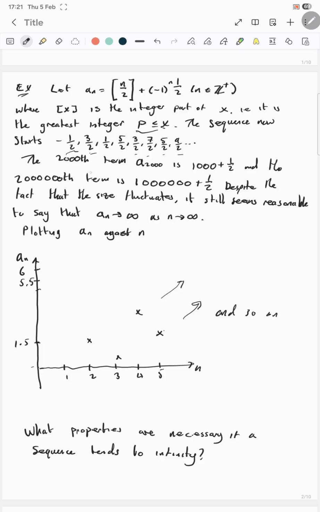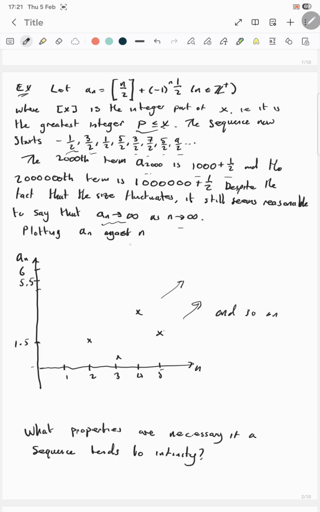Now the 2000th term, a_2000, is 1000 plus 1/2, and the 200,000th term is 100,000 plus 1/2. I meant plus 1/2, not divide. Now, despite the fact that the size fluctuates, it still seems reasonable to say that a_n goes to infinity as n goes to infinity.